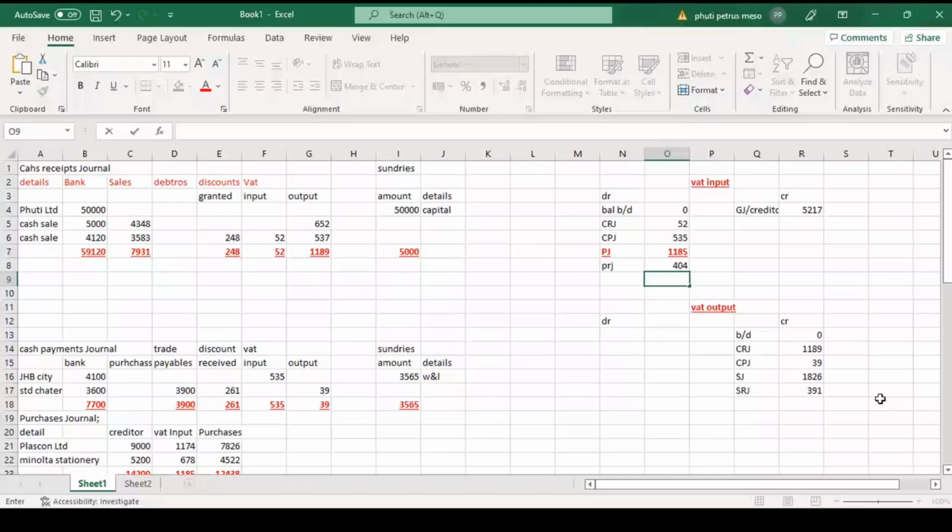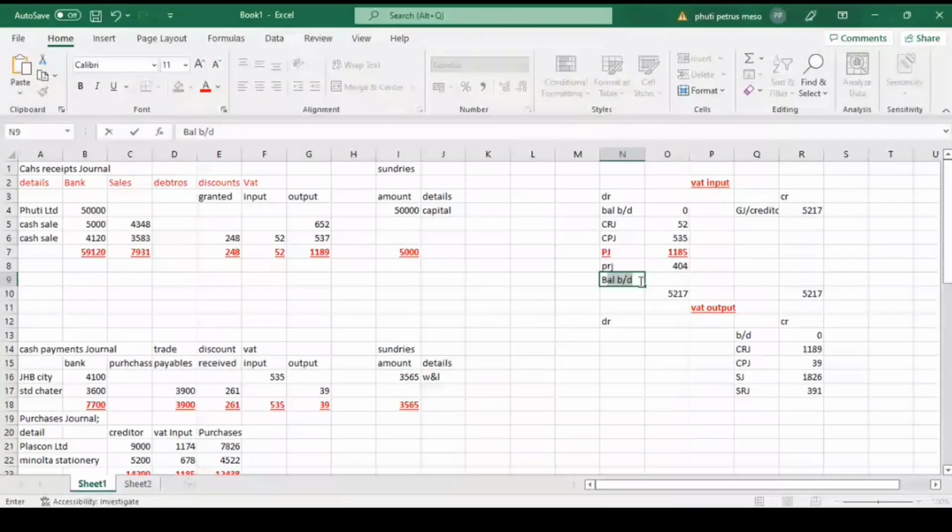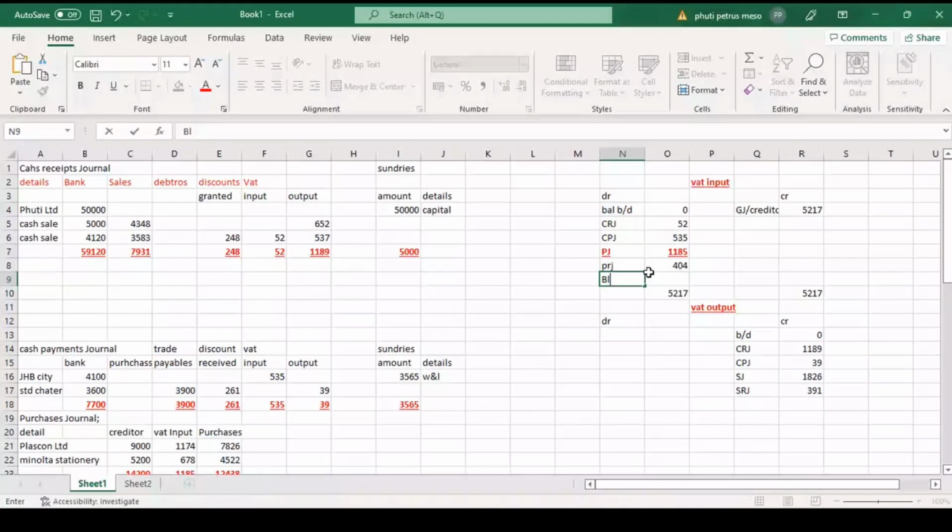Then you just say 1172 minus, because the total will be 5217. And then we can balance it off again in here, 5217. And then you say 1172 minus 5217.